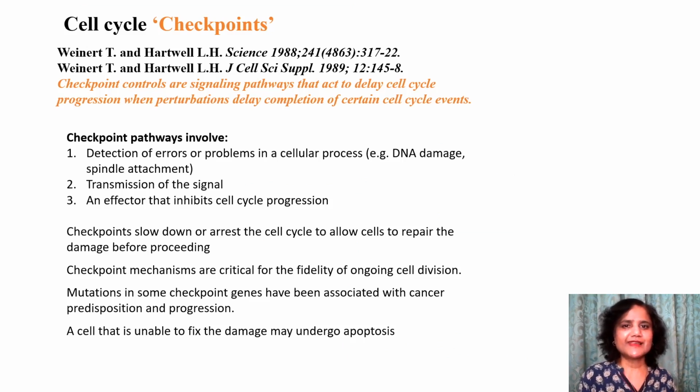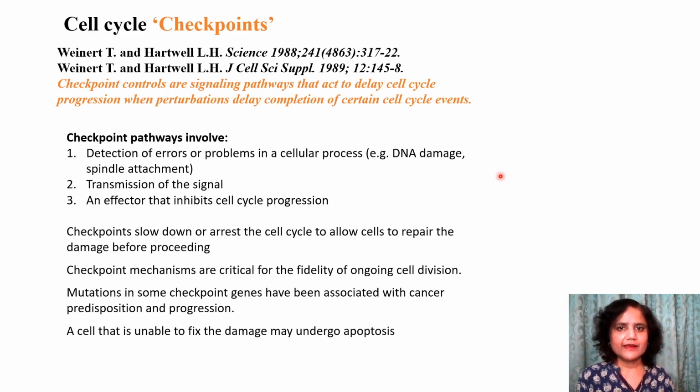Another form of cell cycle regulation was proposed by Weinert and Hartwell, and this is the concept of cell cycle checkpoints. They define checkpoint controls as signaling pathways that act to delay cell cycle progression when perturbations delay completion of certain cell cycle events. So these types of checkpoint pathways involve the detection of errors or problems in cellular processes.